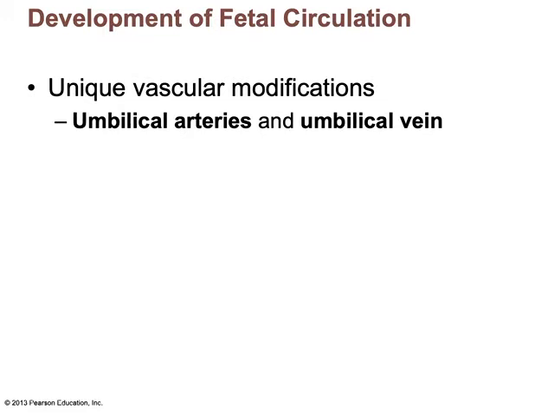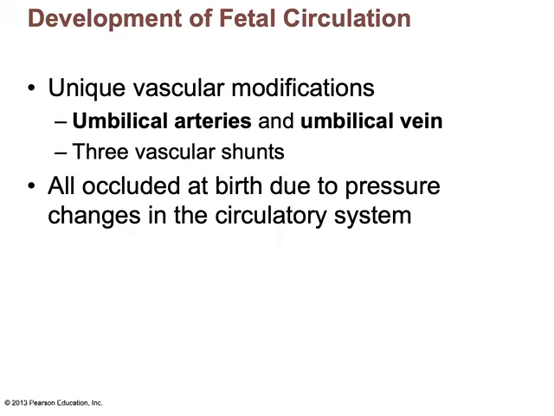Umbilical arteries and veins, which are part of the umbilical cord, and then the vascular shunts, which include the ductus arteriosus, the ductus venosus, and there's also a hole between the two atria called the foramen ovale, and there are also going to be bypasses that feed blood into the umbilical cord that come off of the iliacs, right?